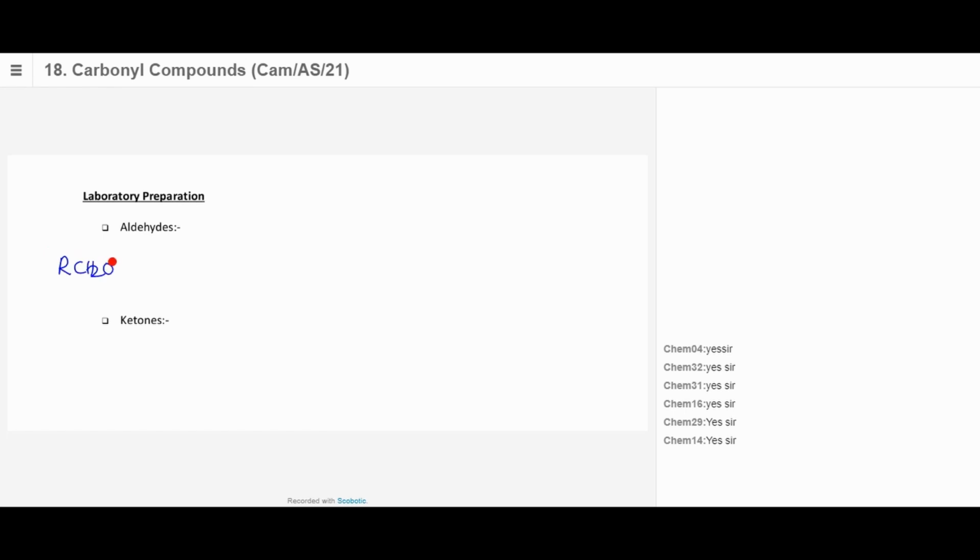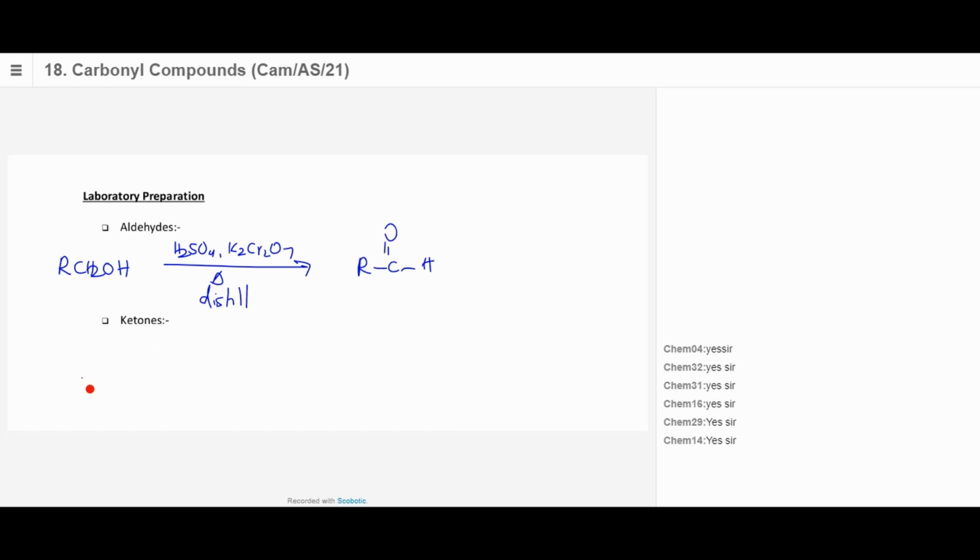So you add acidified potassium dichromate or potassium permanganate acidified with sulfuric acid, and you heat and distill, not reflux. If you reflux, you get the carboxylic acid. If you heat and distill, you get the aldehyde, right?